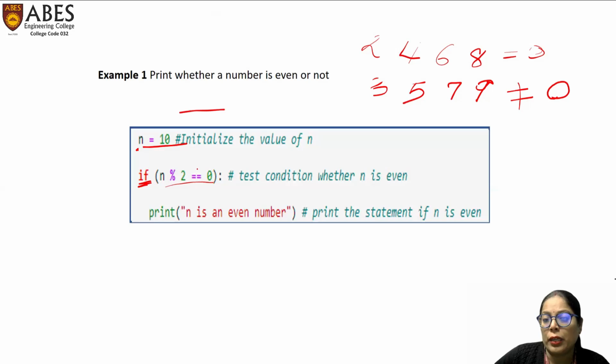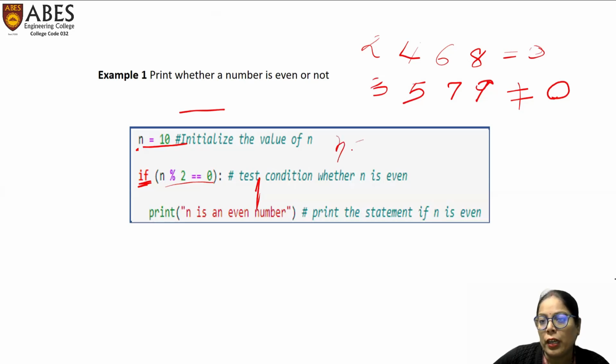So if the remainder is 0, that means the condition is true, then only this statement will be executed. And what is that? n is an even number. If the condition is not true, then this part will not be executed. You will not get anything in this program if your number is not even.